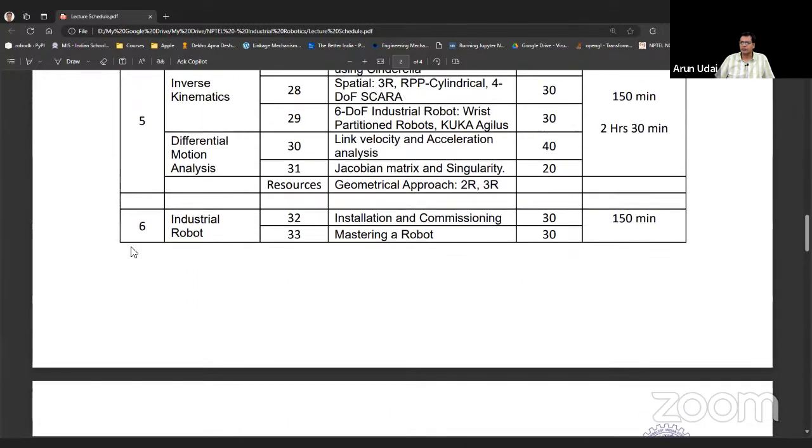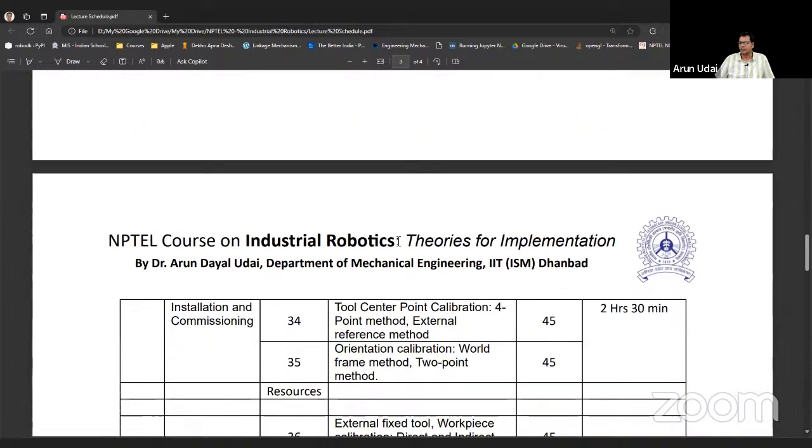What was not covered elsewhere is the module on industrial robot installation and commissioning. Industrial people might find it quite common, but for academicians it is quite new. Tool center point calibration is there on quite a lot of industrial teach pendants.